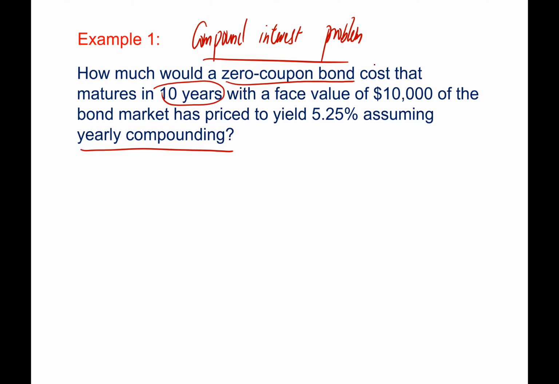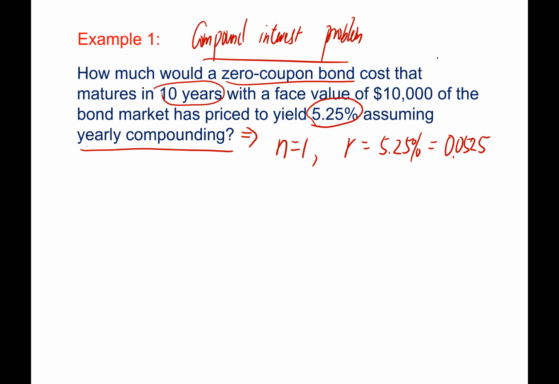So here, assuming yearly compounding, then we know that the compounding period n is equal to 1. Okay. And then the rate, annual percentage yield, is 5.25%. So r is 5.25%, in decimal 0.0525. All right. And then we also know the face value, right?